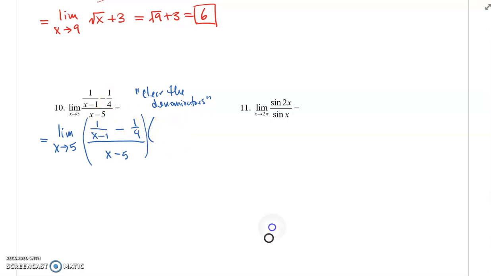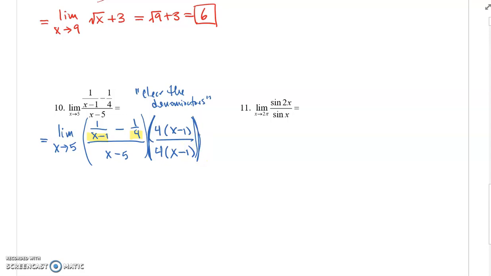My two little denominators are x minus 1 and 4. So I'm going to multiply by 4 times (x minus 1), but I have to do it to both the numerator and the denominator. All right, so I guess I'll put a big parentheses around that.